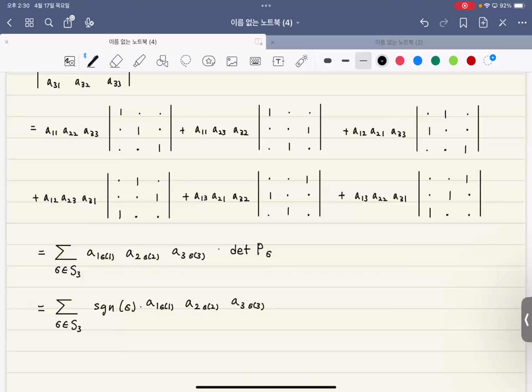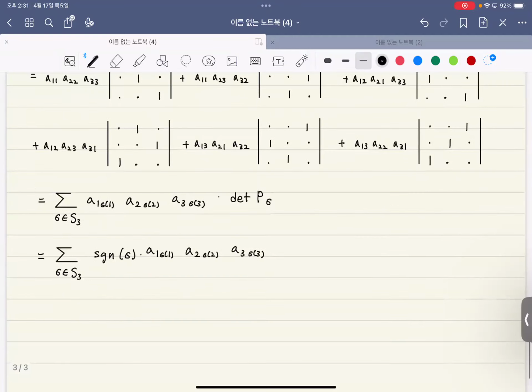Please allow me to write this like this. So this is the formula that appeared, which was given in our textbook. Okay, all right. Now I really want to generalize this.